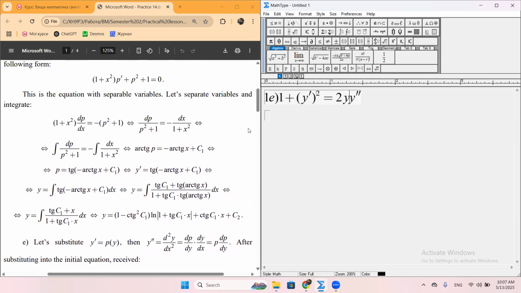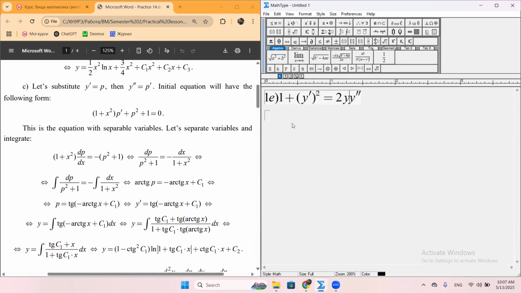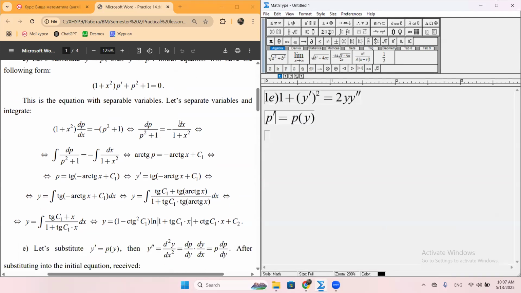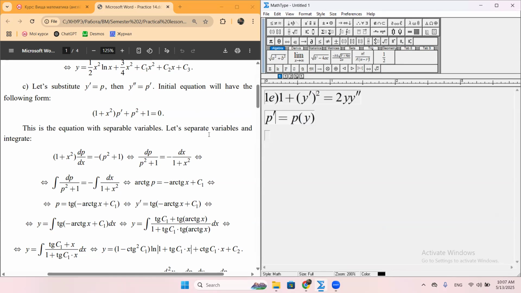So now we will do the following substitution. We will use parameter p, but it will be a function p that depends on y. So y prime is a function that depends on y.